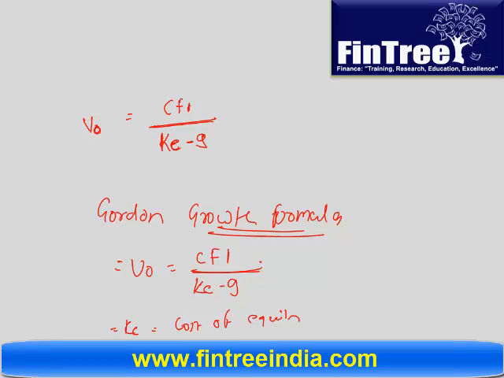And this growth rate has to be perpetual. Okay, so you can say Gordon growth formula, in bracket also say growing perpetuity.